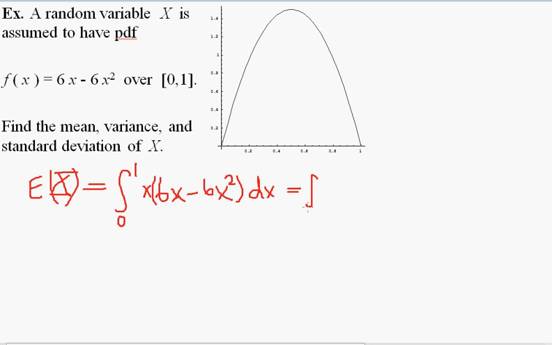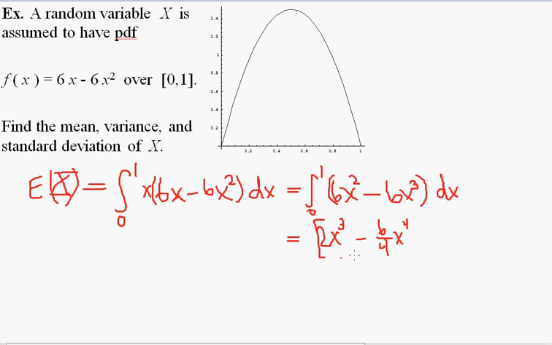So I get the integral from 0 to 1 of 6x squared minus 6x cubed dx. So doing the integral, we get 2x cubed minus 6 fourths x to the fourth from 1 to 0.